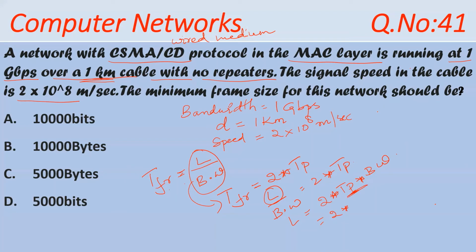The propagation time TP: the formula is time equals distance by speed. The distance is 1 kilometer, converting it into meters, which is 1 into 10 power 3, divided by the speed, 2 into 10 power 8.